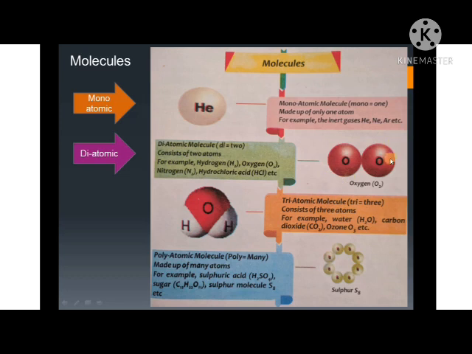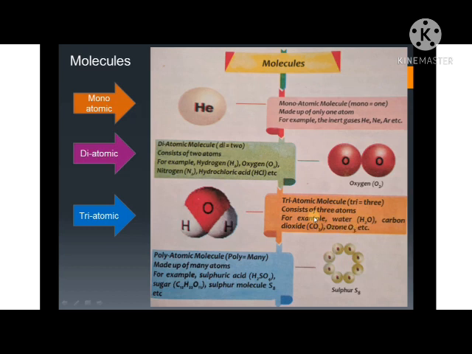For example, this is the structure of oxygen. Two atoms combine with each other and make the oxygen molecule. The other one is the triatomic molecule, meaning three atoms combine with each other and make a stable combination, which is called a triatomic molecule. For example, H2O, carbon dioxide, O3.